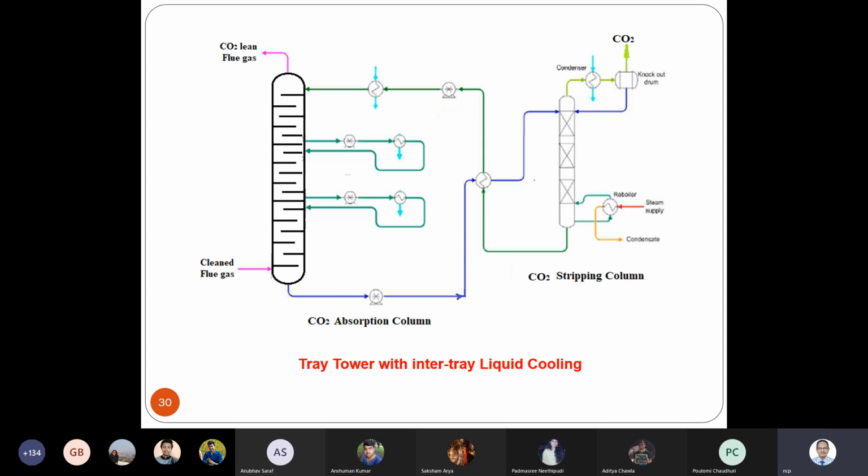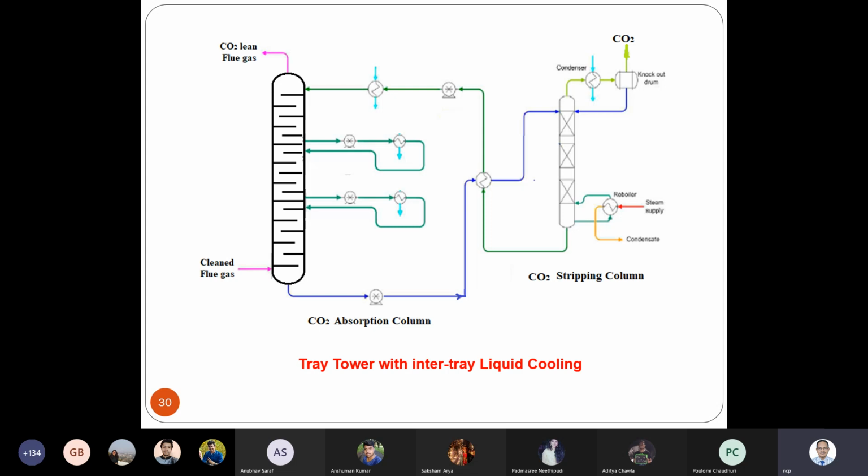In the second section, the liquid will be collected. Here you can install a cooling coil, or you can take the liquid out, cool it outside, and then spray it in this section. So you have to do this kind of special arrangement, or use this special type of packed column.